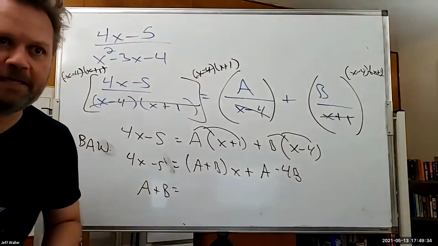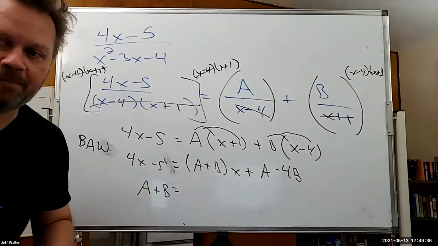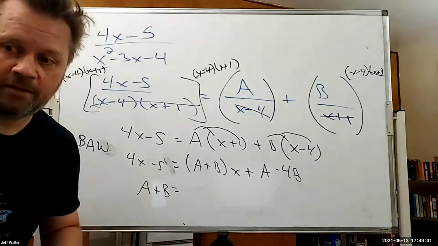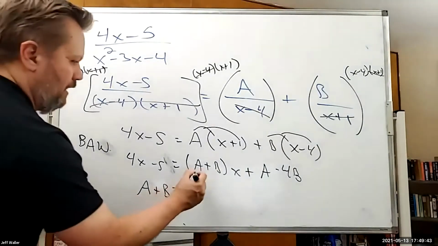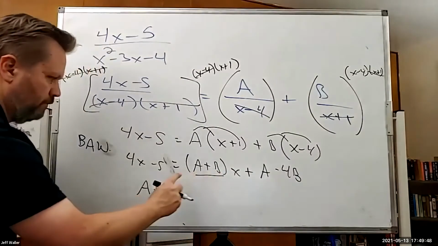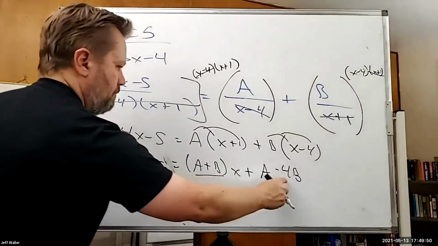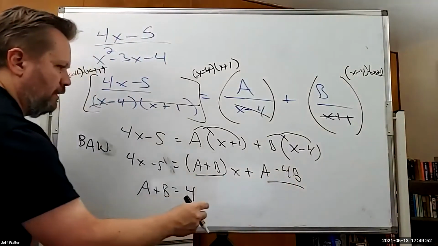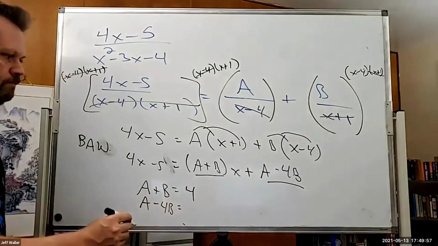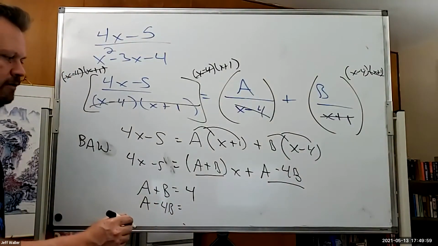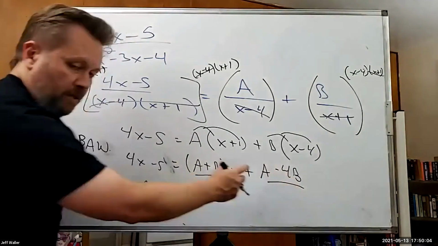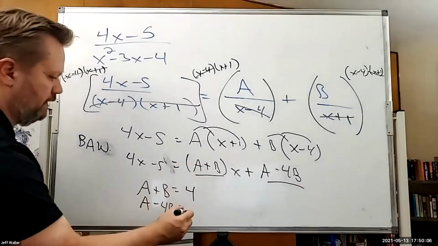A plus b is 4. What is a minus 4b gotta be? That is -5, exactly.